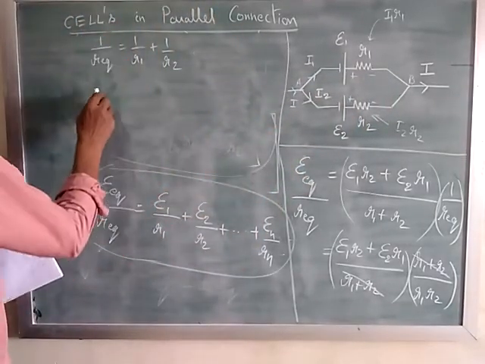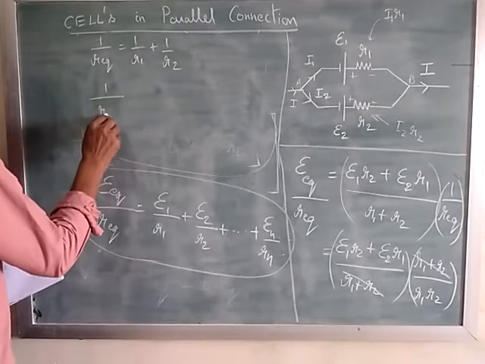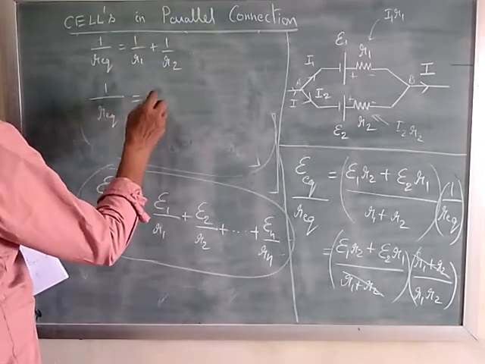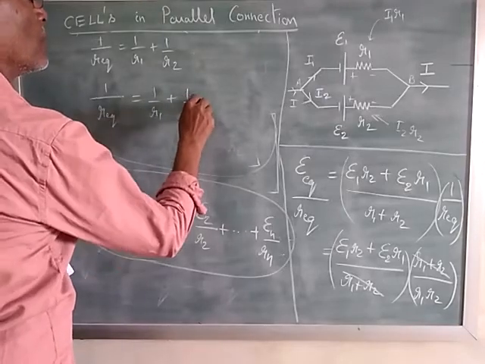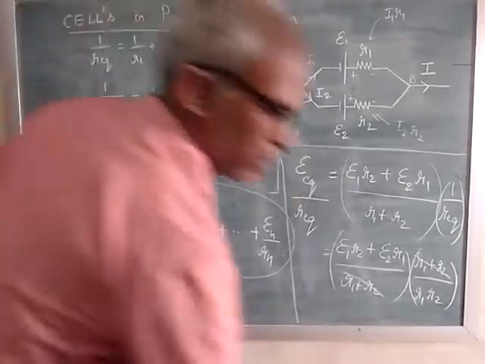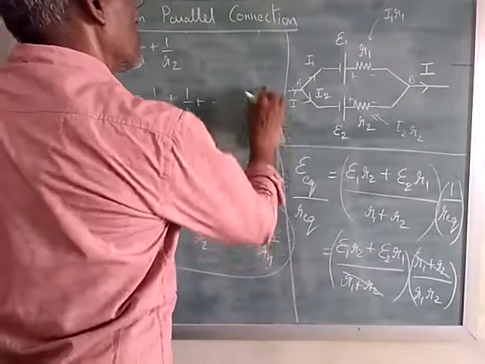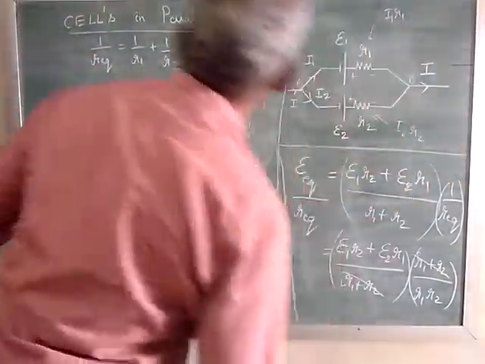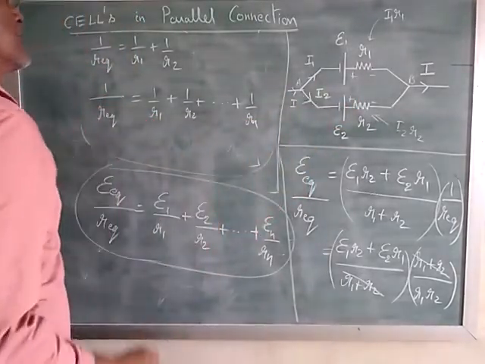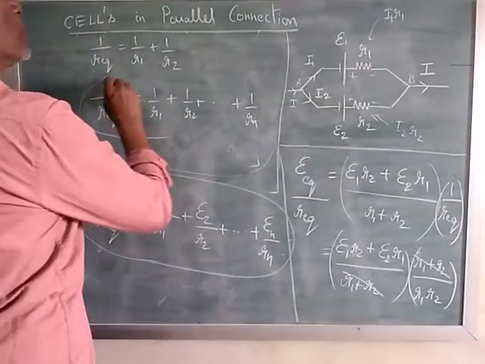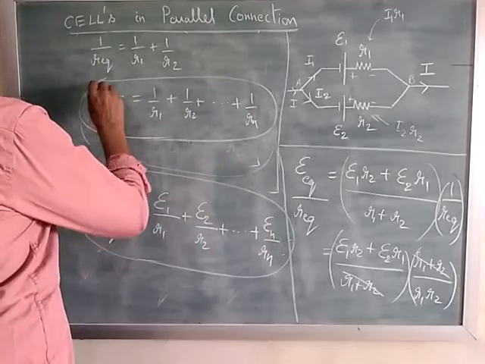Suppose if you have n number of cells, 1 by R equivalent is equal to 1 by R1 plus 1 by R2 plus up to 1 by nth cell internal resistance. So these two are the final formulas we have to remember.